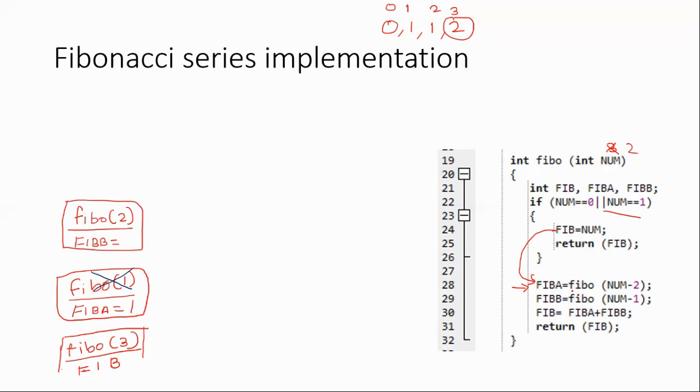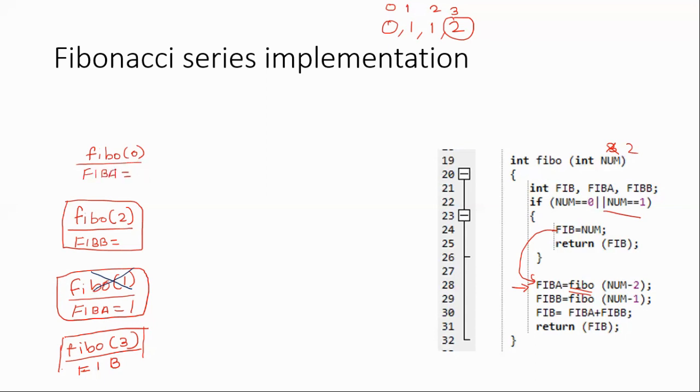So again it will invoke this function here, Fibo. So what is the value? 2 minus 2. So it will invoke a function now, Fibo of 0, because currently the n value is 2, so 2 minus 2, n will be 0. And this will get a value again, fib_a.